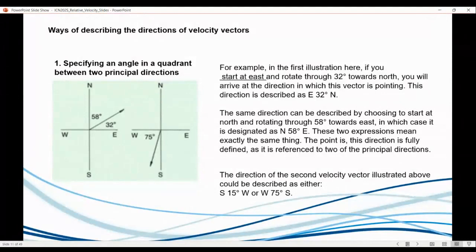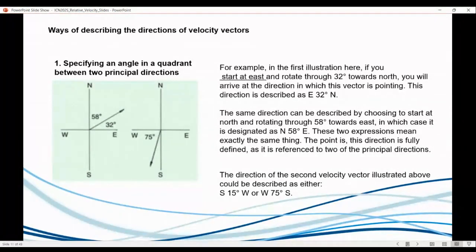We've discussed this initially in one of the first lectures where we looked at east and north and west, and how we measure something. So I'll just recap again because it does come up here. Let's say, for example, in the first illustration, you are starting east and you rotate 32 degrees towards north.